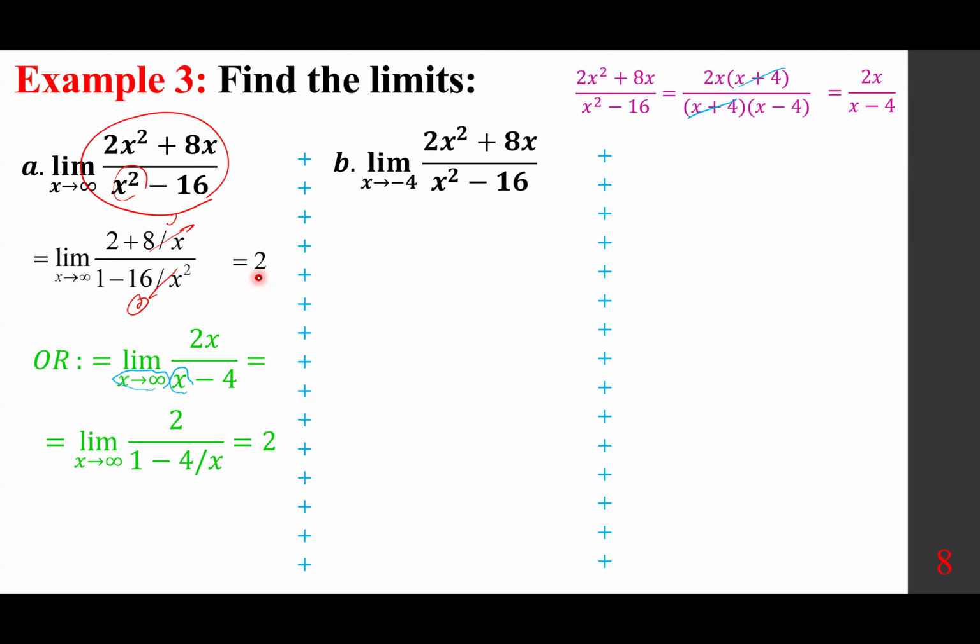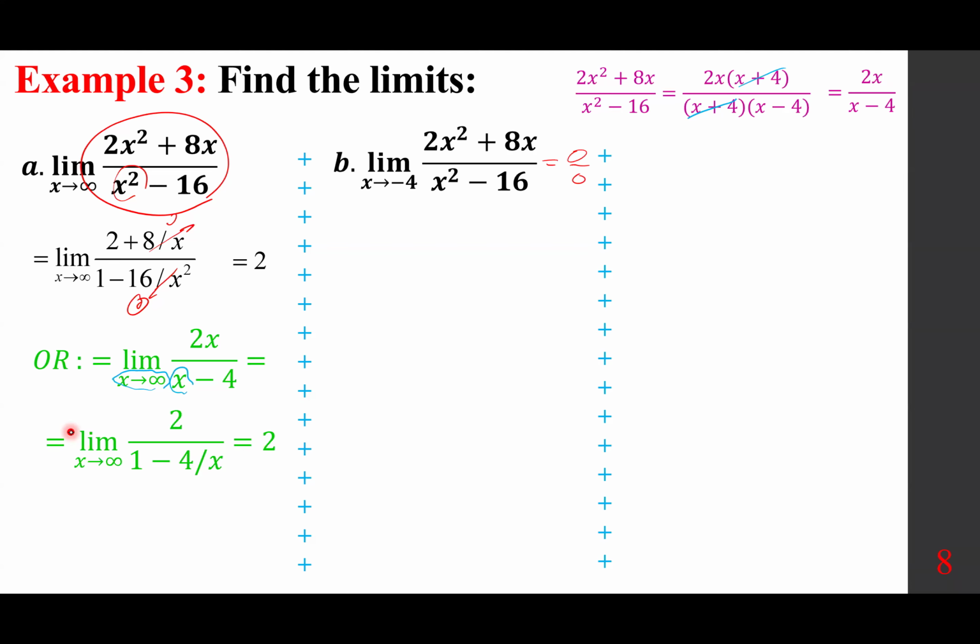What about this case? First of all, if you plug in, and you can try it, you get 0 over 0. But what we should do, we should always work with the lowest terms, everybody.